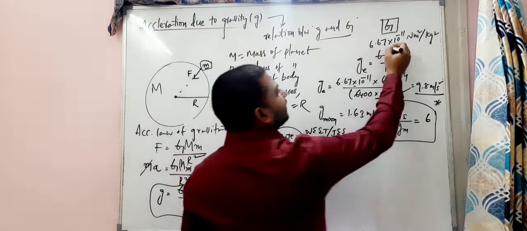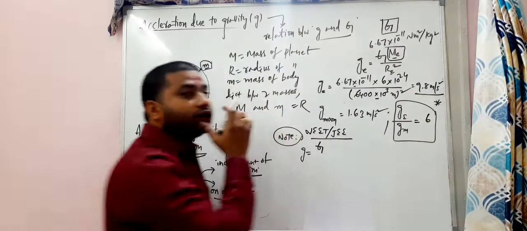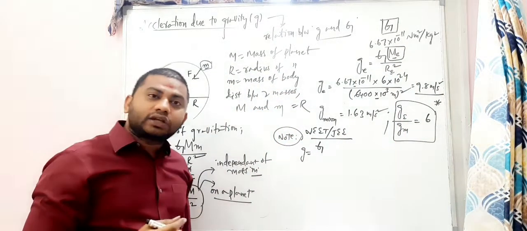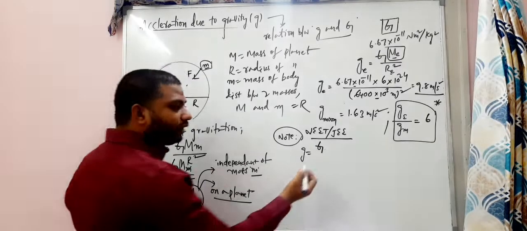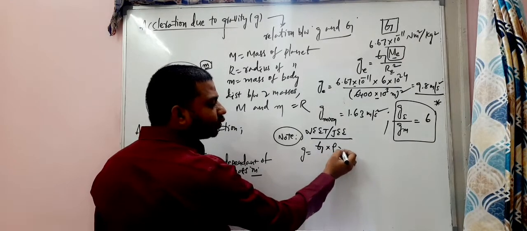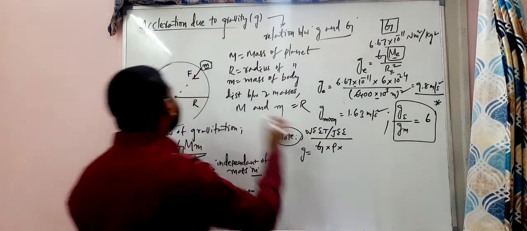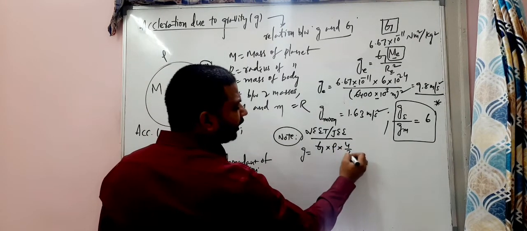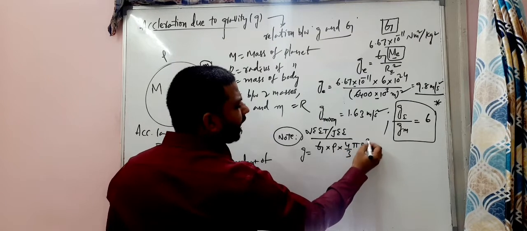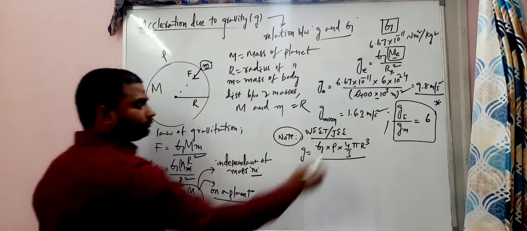Density is equal to mass by volume, and mass is equal to density into volume, right? So density is rho, density of a planet. So let's suppose this is rho into volume, volume means 4 by 3 pi r cube, divided by r square.